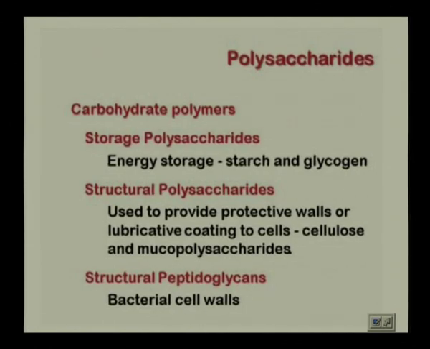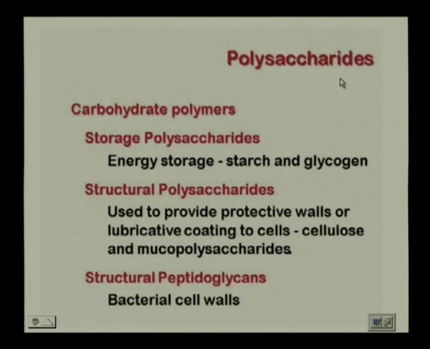The polysaccharides. The polysaccharides therefore will be further linkages of what we just learnt. Okay? So, not only will we have an alpha 1,4, we could have alpha 1,4, alpha 1,4, alpha 1,4, beta 1,4, and so on and so forth. These polysaccharides are just polymers of the monosaccharides, and they could be storage type.